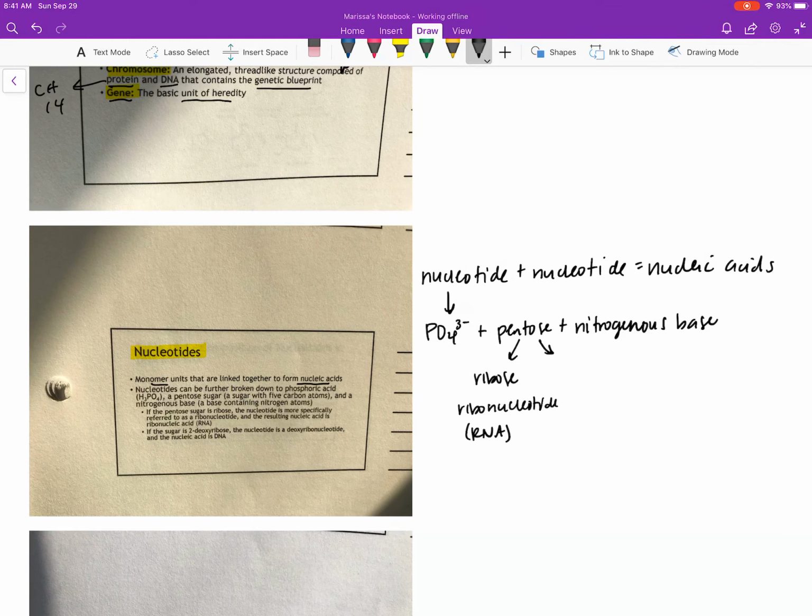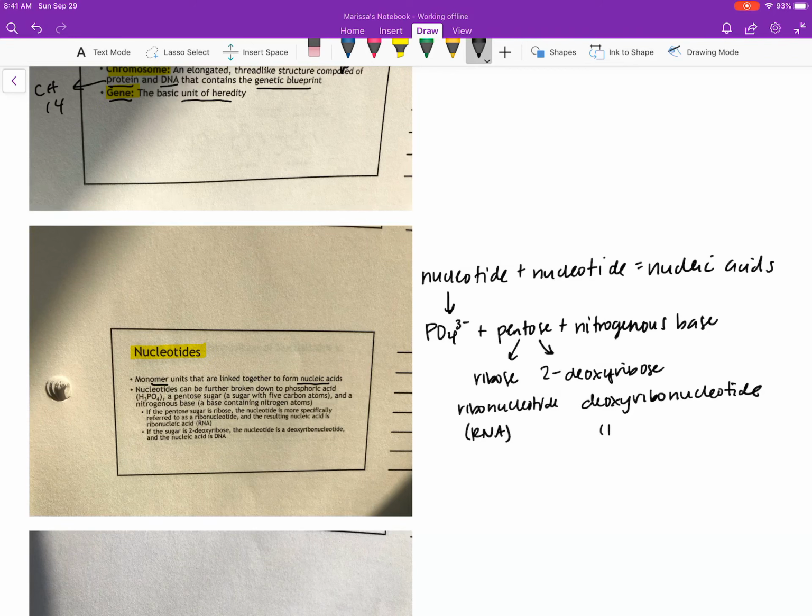If the sugar is 2-deoxy, meaning it's not going to have one oxygen that the ribose has, deoxyribose, we call this a deoxyribonucleotide. Lots of words.